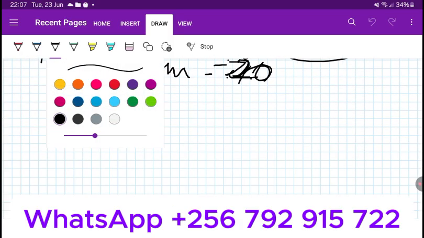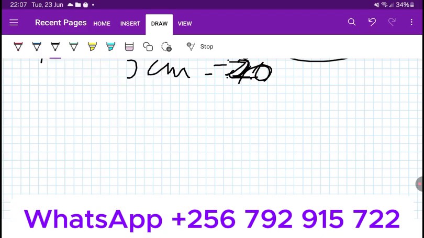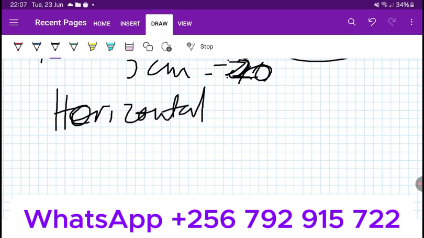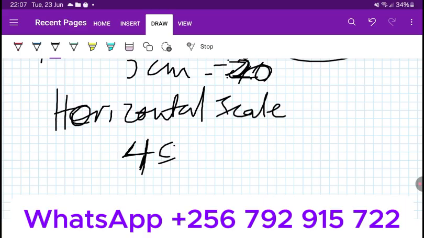So let me highlight what we have said. Here, the horizontal axis, the horizontal scale, let me repeat it, is going to be 4 centimeters to represent one insurance policy.